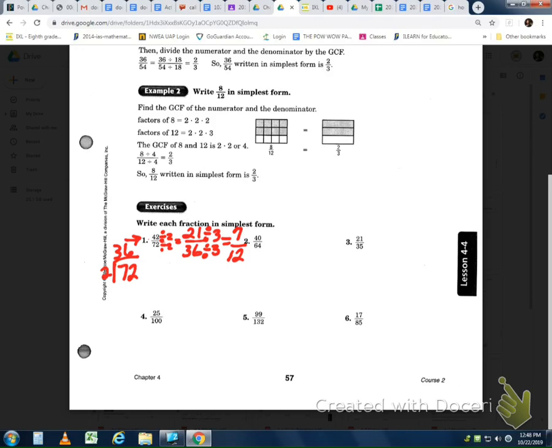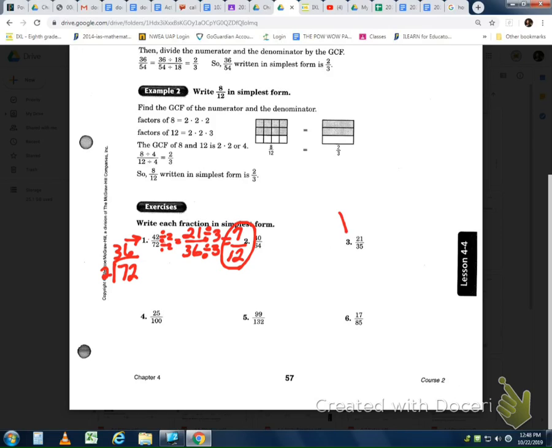It's odd. What else? Can't divide it by anything other than 1 and 7. Does 7 go into 12? No. So, what's that word we talked about yesterday? Prime. 7's prime, and 7 doesn't go into 12. So 7/12 is your simplest form. 7/12 is equivalent to 42 over 72.